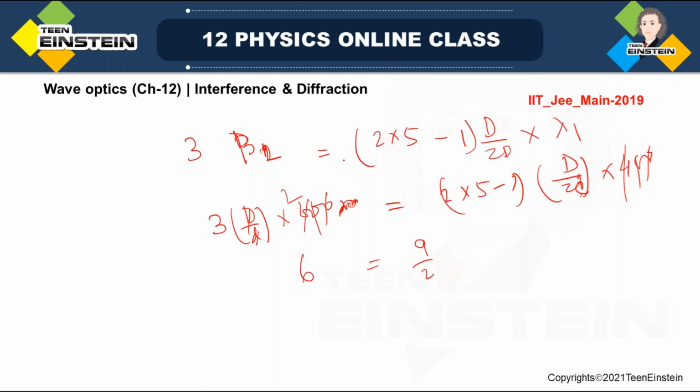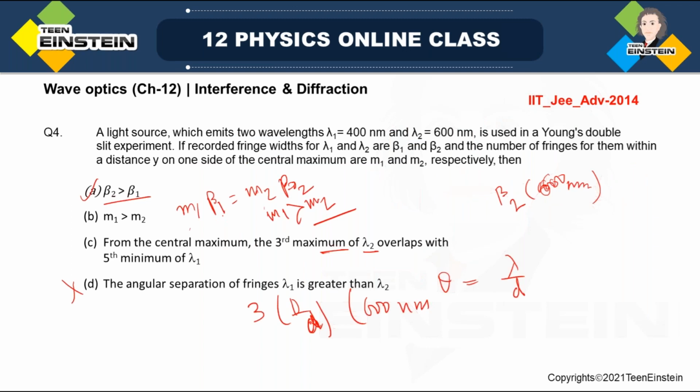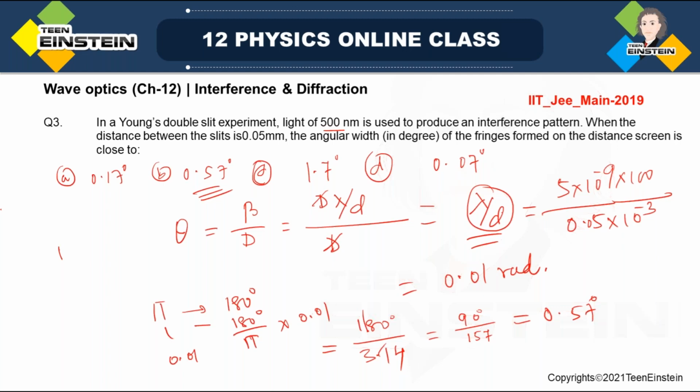The question is whether the third maximum of lambda 2 overlaps with the fifth minimum of lambda 1. The answer is no. All right, with this we'll stop here for today.